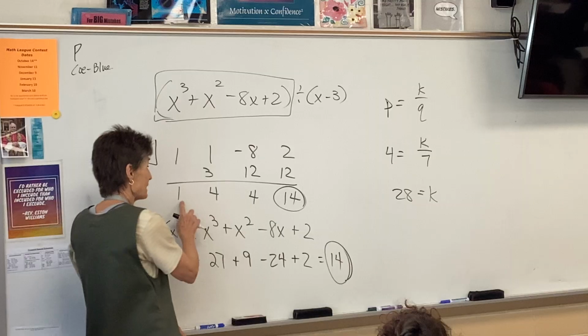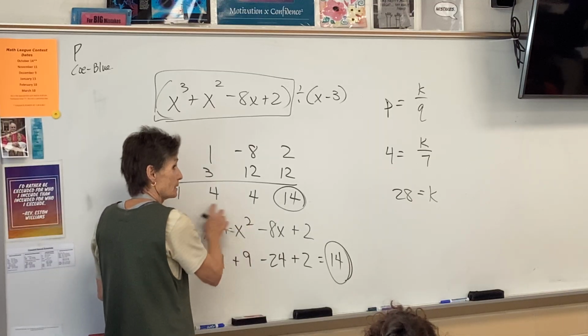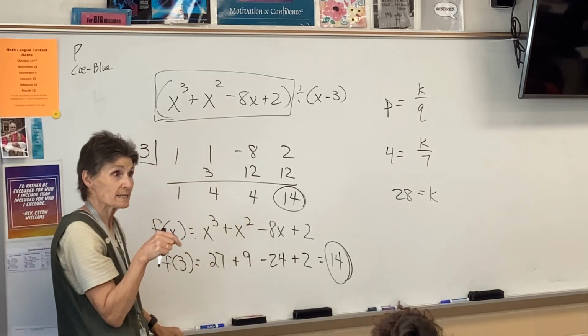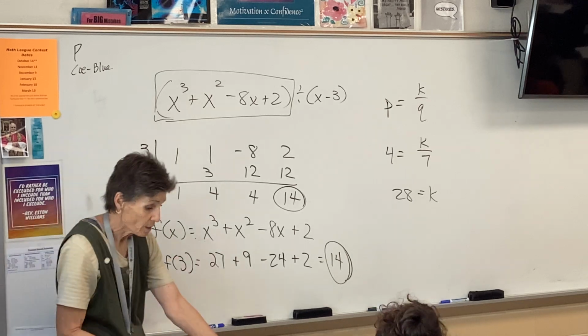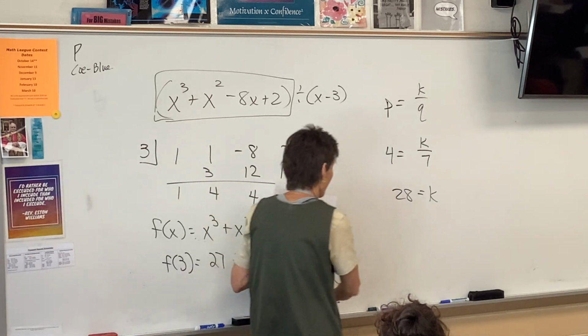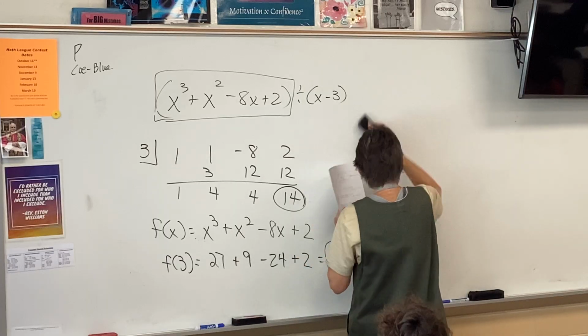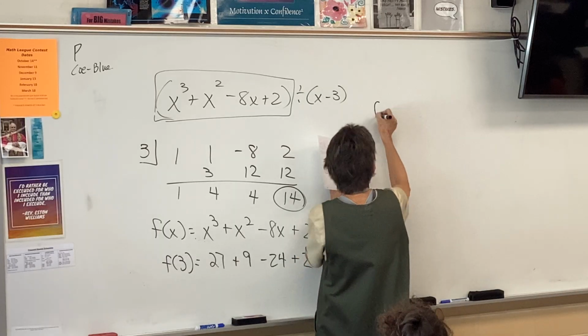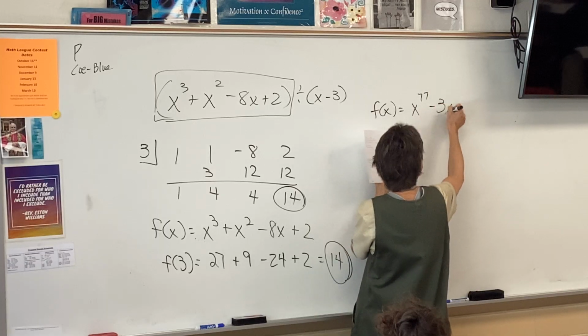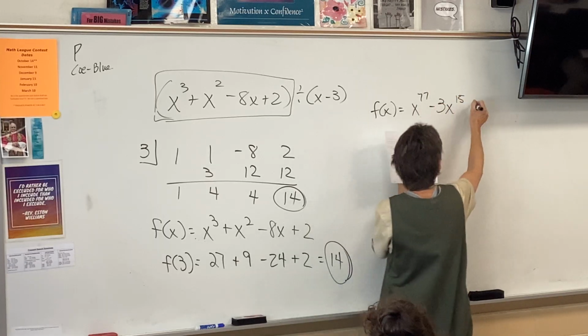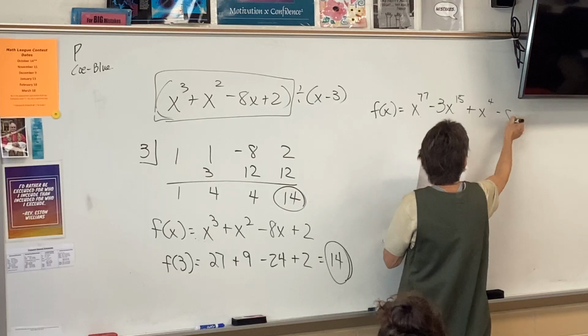It doesn't give you the other stuff, but if all you're interested in is the remainder, then you can just plug it in. So will that help me on this problem? Oh, yes, because my function is x to the 77th minus 3x to the 15th plus x to the 4th minus 8.